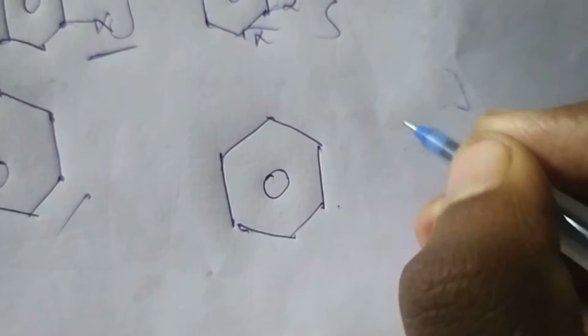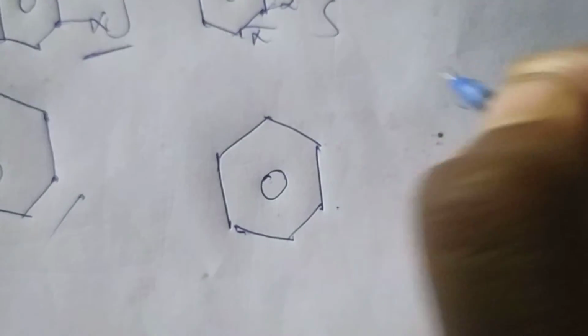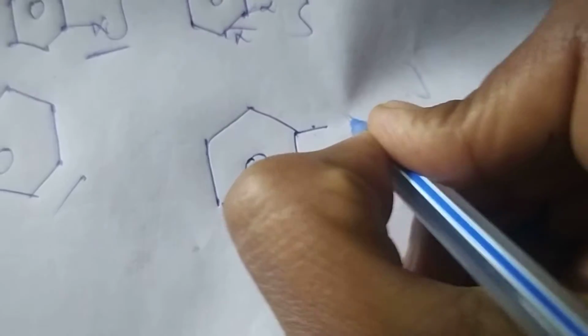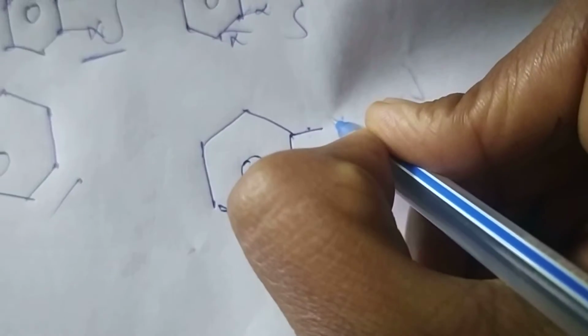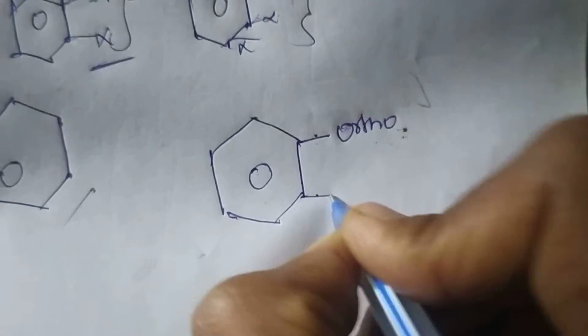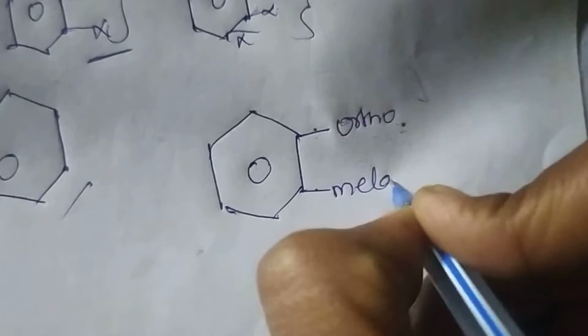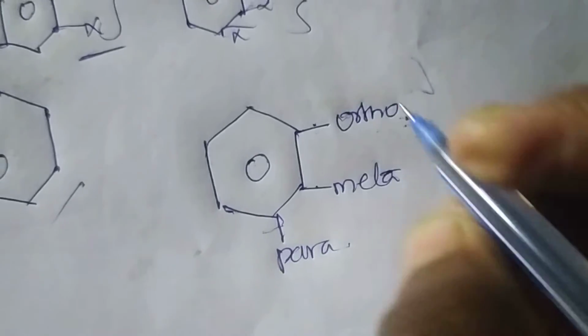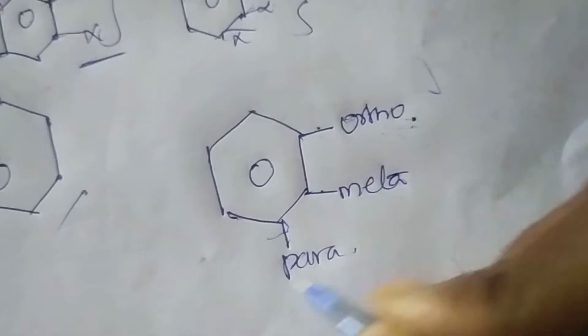So I am going to explain the positions of hydrogen in the benzene ring structure. This position is called ortho position, meta position, and this is para position. Ortho, meta, para.